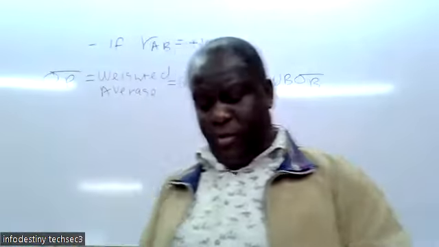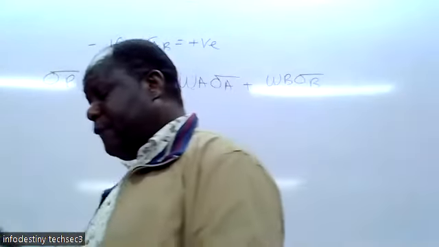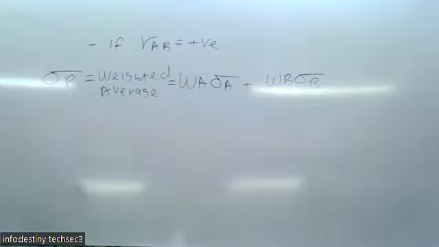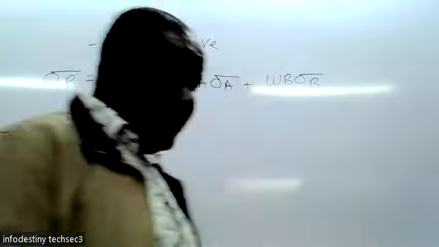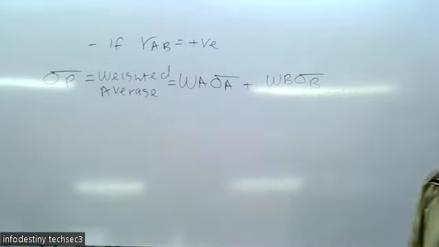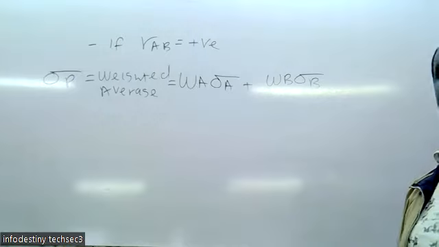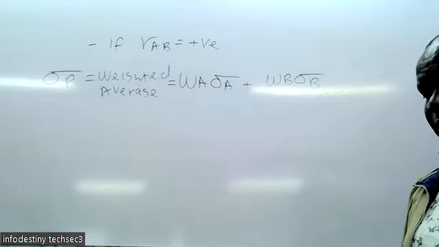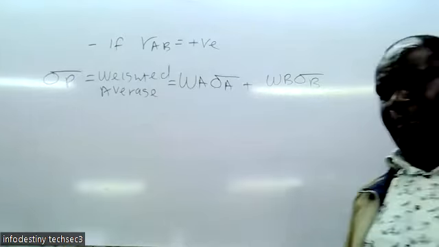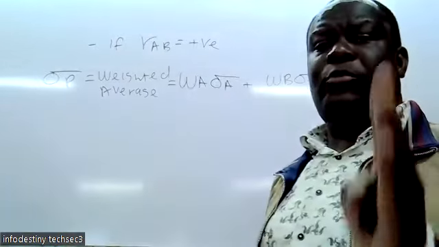Going by our question, I want you to go to the Roman letter form. They gave you some proportions there. When you check Roman letter 4, they have stated to determine the expected return of the portfolio constituting 60% of security A and 40% of security B. Those are the proportions or the weights.